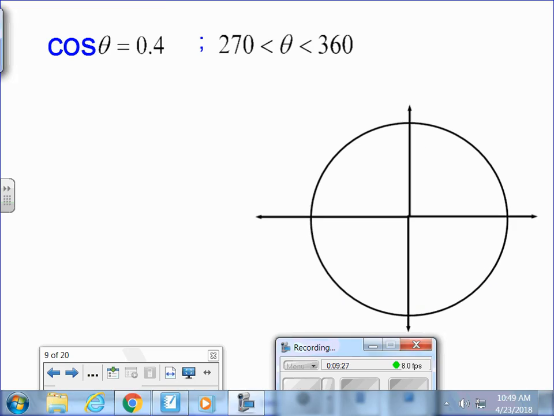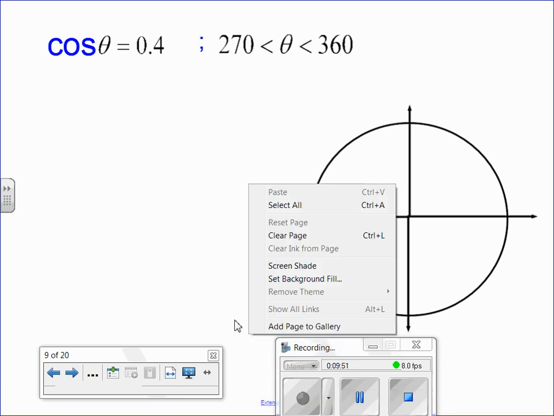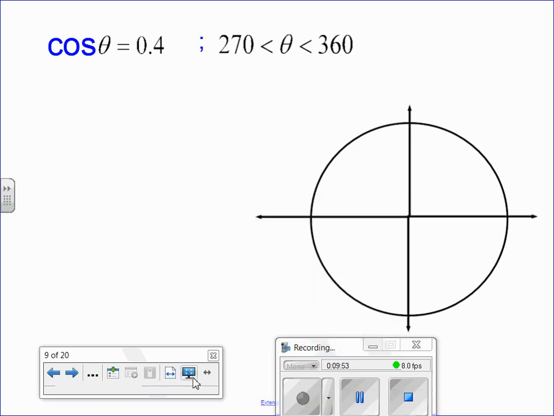All right, here's another practice one. Cosine theta equals 0.4. We want our final answer between 270 and 360. What quadrant would that be? Quadrant 4 is where we want our final answer. Alright, so who remembers how to start this?